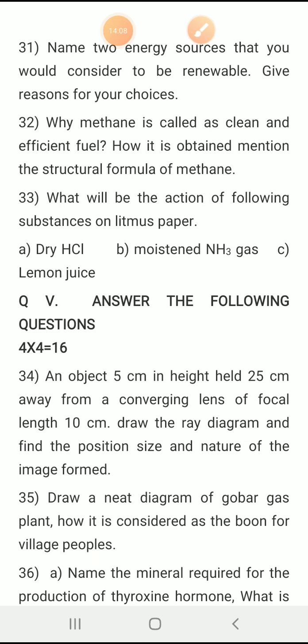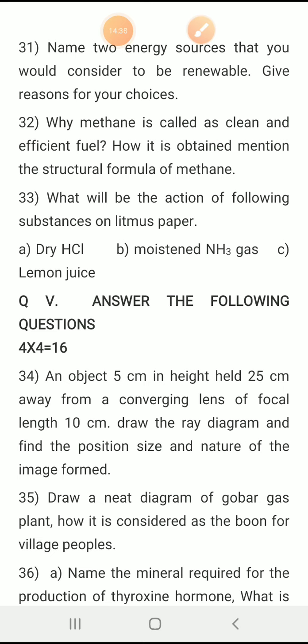We have also discussed the gobar gas plant, in which methane is produced from gobar, nothing but cow dung. This gas which is produced consists of 70% methane, and it is a clean and efficient fuel. You can use it as a fuel like LPG, you can use it for heating purposes, right?